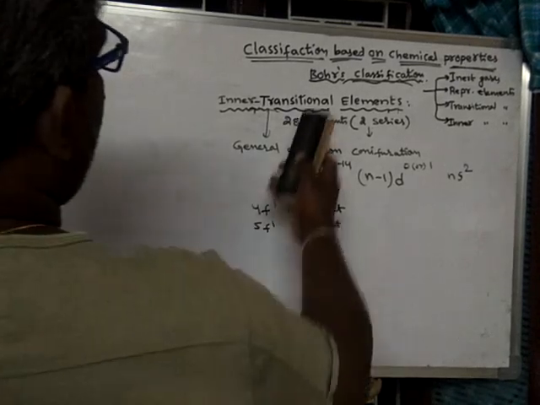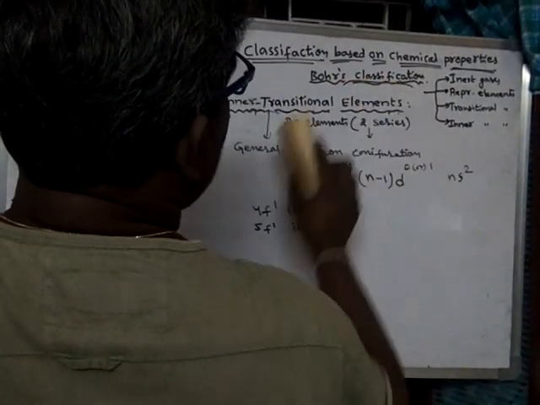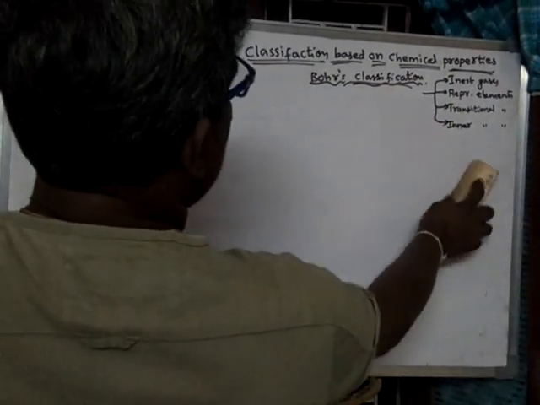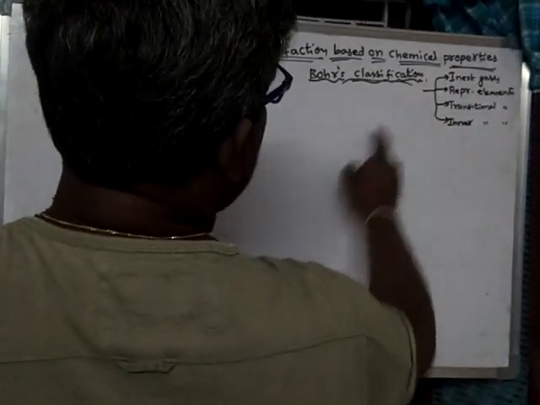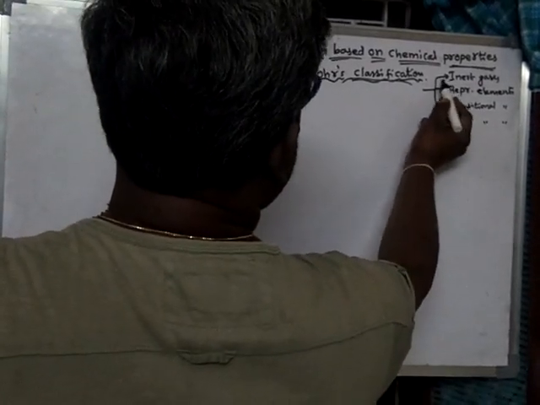Now we have seen Bohr's classification, which says that all the elements are classified into four groups: inert gases, representative elements, transition elements, and inner transition elements. So what are these inert gases?